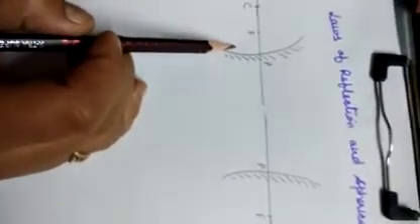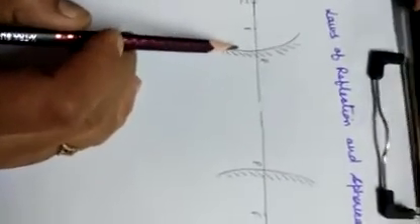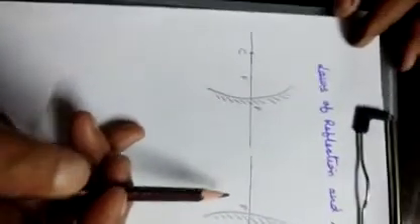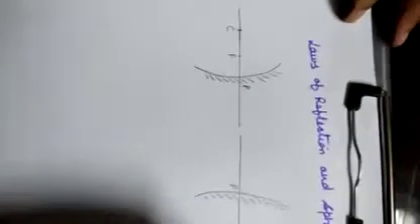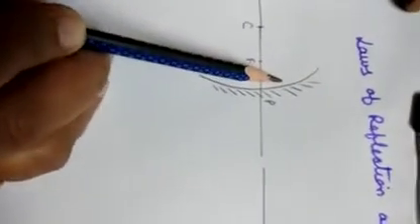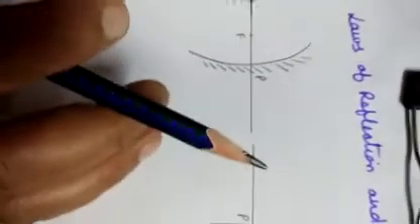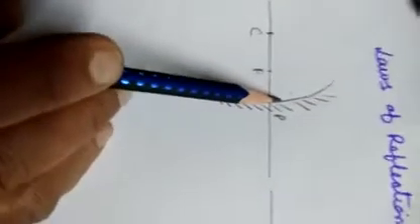So to find the position and nature of the image of an object formed by a spherical mirror, it may be a concave mirror or a convex mirror, we make a ray diagram. A large number of rays of light from an object fall on the reflecting surface of the mirror, because each point on an object acts as a source of light, and these rays are then reflected by the mirror and intersect or appear to intersect to form an image of the object.